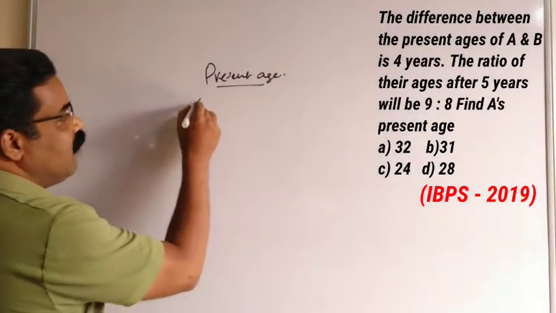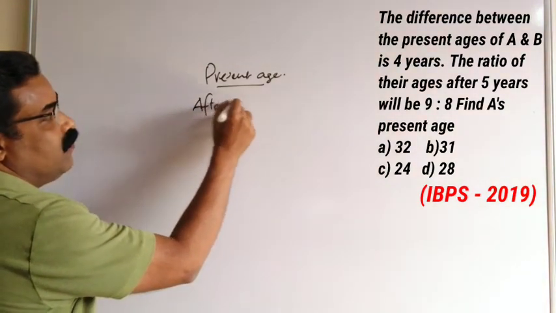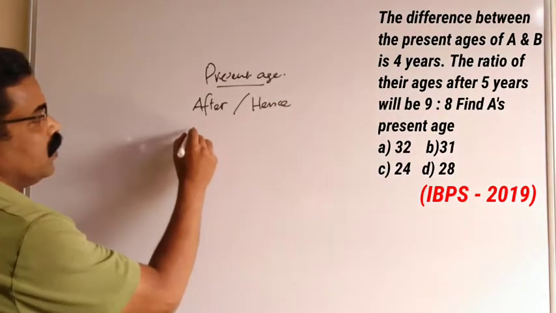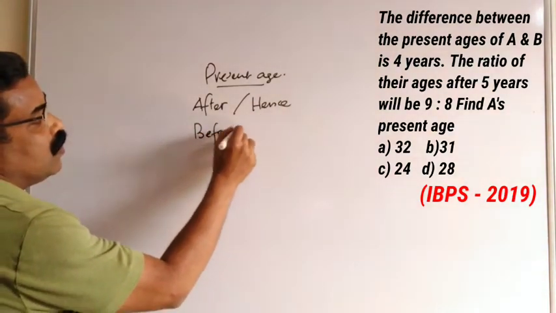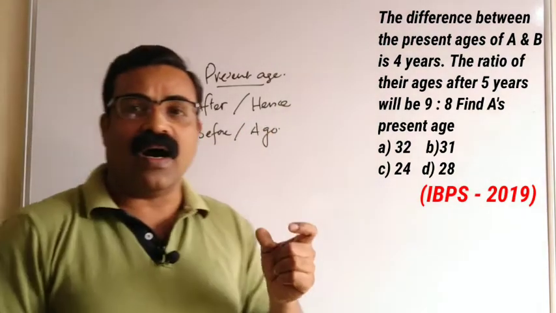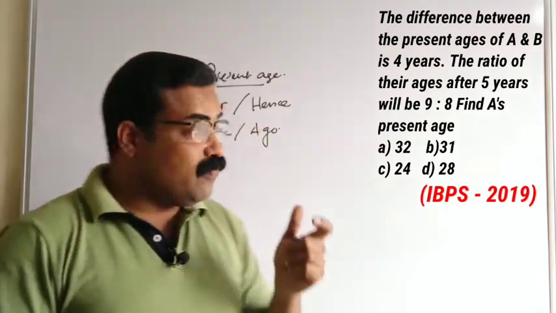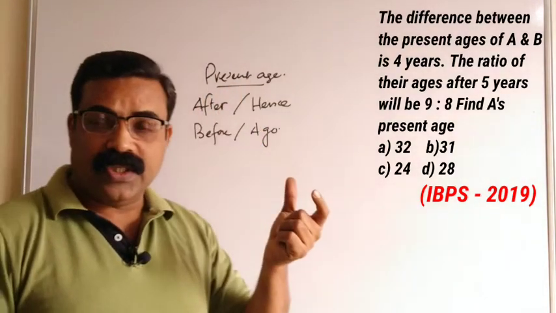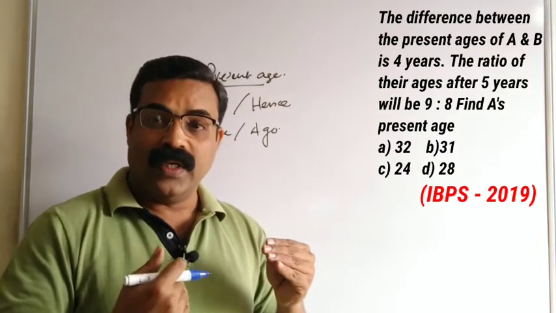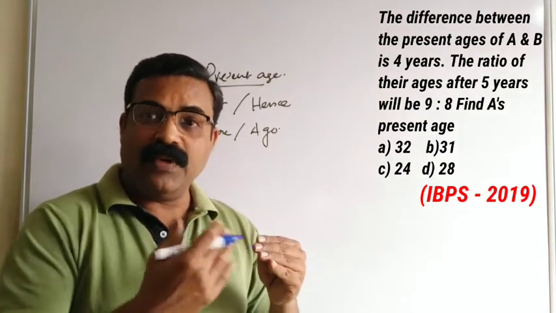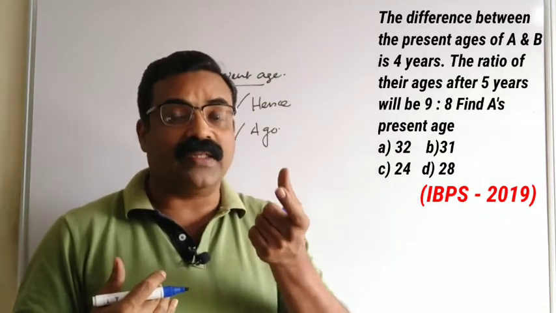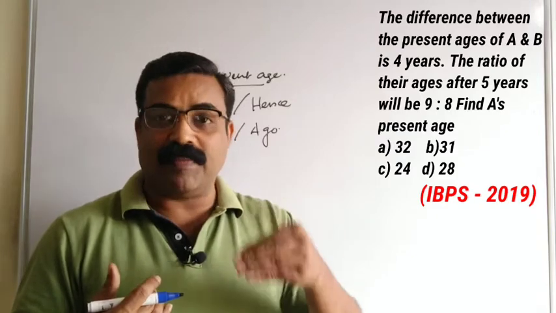One is after or hence, and the second word is before or ago. These are the words generally asked in the question. When we want to know the present age, from the present age you can calculate the age some years ago, some years before. When you calculate some age some years ago, we need to subtract that particular number of years from the present age.